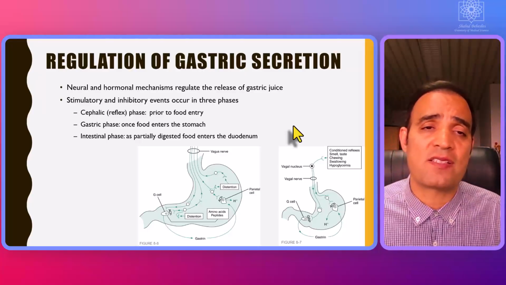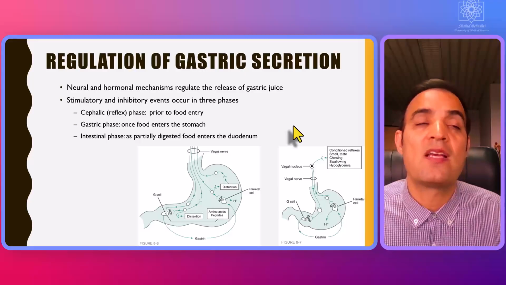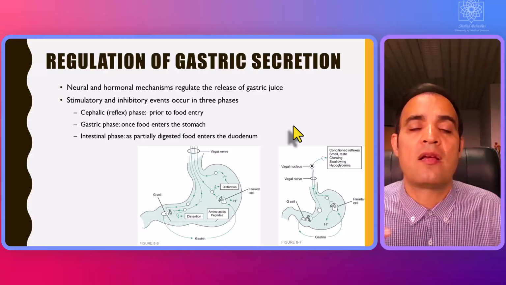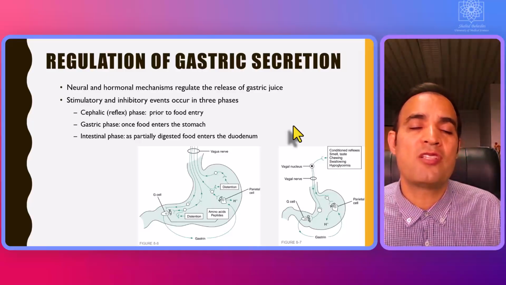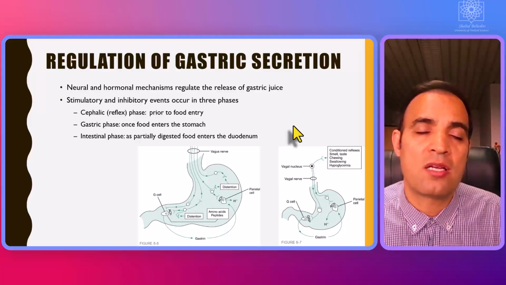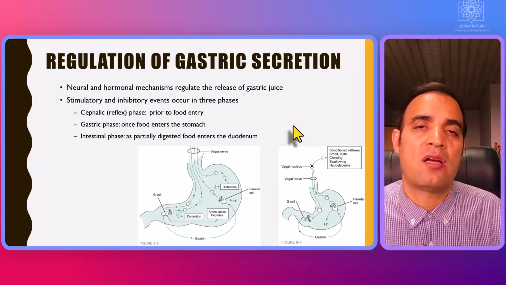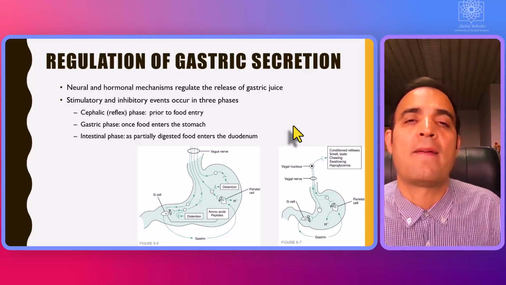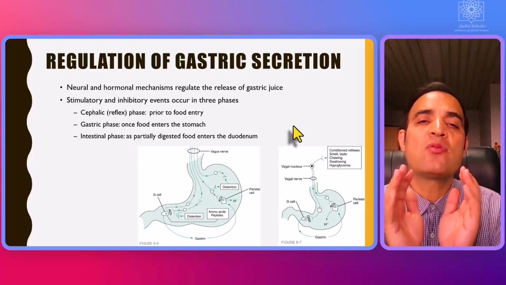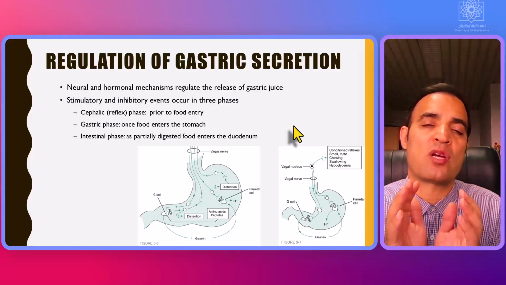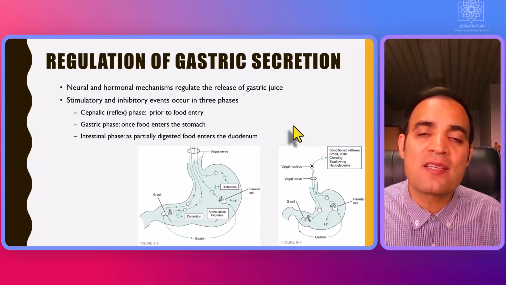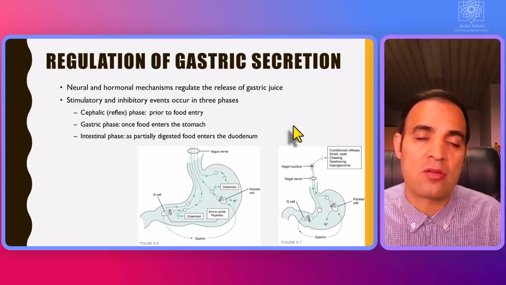What about the third phase, the last phase? It is named the intestinal phase. In the intestinal phase, when the partially digested food exits from the stomach into the lumen of the duodenum, the duodenum tries to monitor the acidity of the food content and the osmolarity of the food content, and accordingly sends some signal from the duodenum back to the stomach.